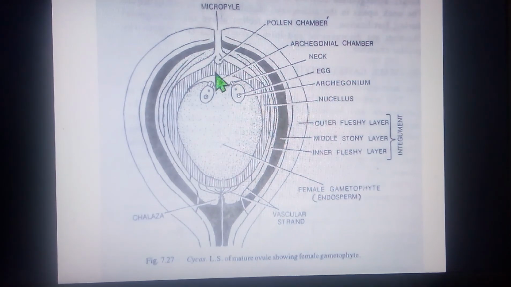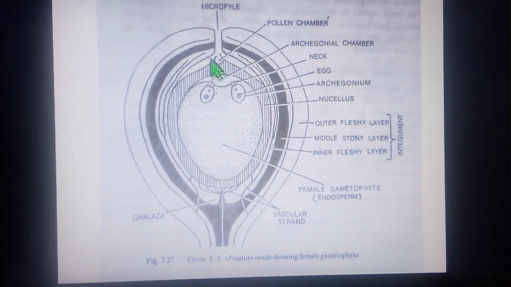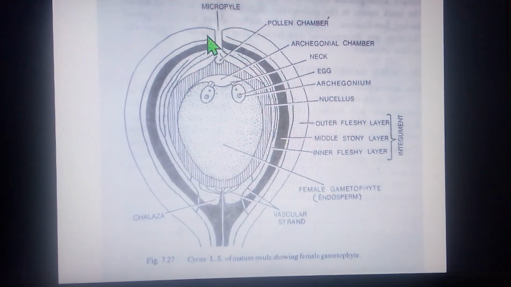Now it is closed, so the pollen grains remain inside the pollen chamber, and they lie inert inside the pollen chamber for about 4 months. So it is not that as soon as the pollen grains reach inside this pollen chamber they start to germinate. In fact, they remain inert in this pollen chamber for about 4 months before germination.